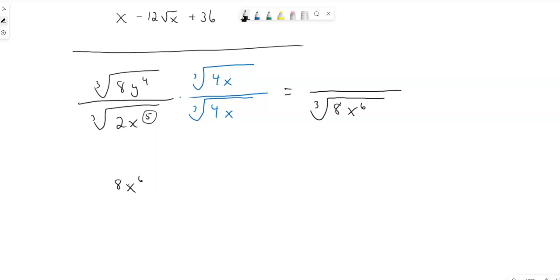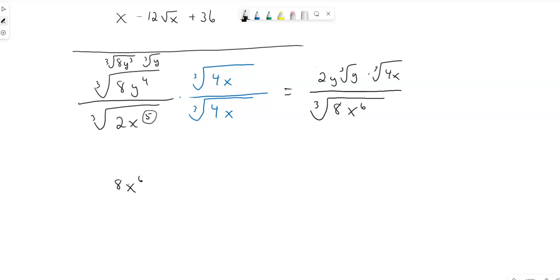Up on the top, if I combine those together, I actually end up with a cube root of 32y to the 4th x. But you notice in this first expression, I can write this as the cube root of 8y cubed times the cube root of y. And then that first piece becomes simply 2y cube root of y times the cube root of 4x.